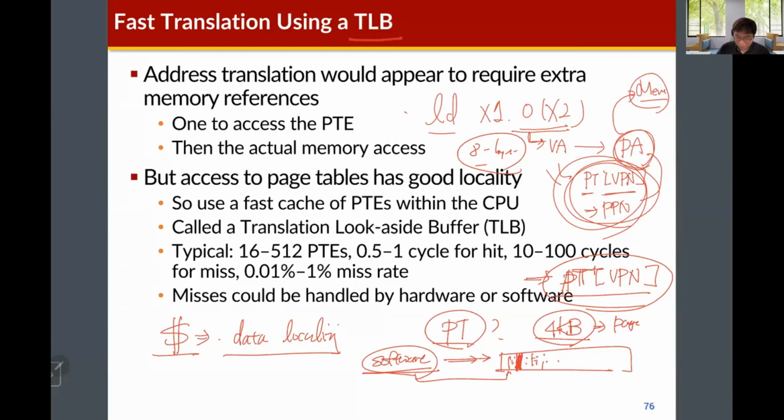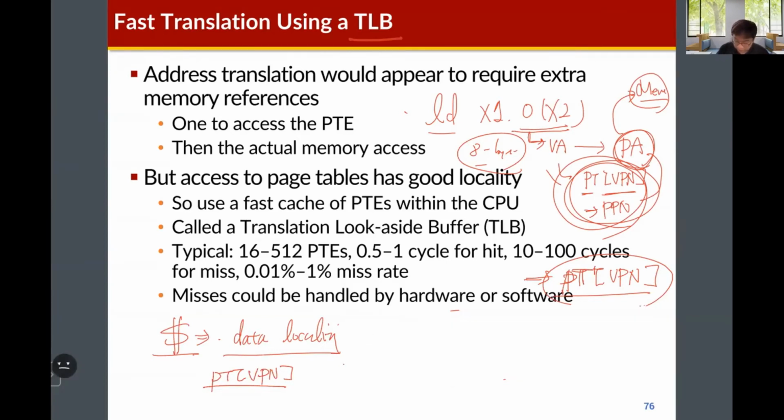So we can apply the concept of cache to the page table. What does that mean? When the PT VPN is first requested, we get the data. What is the data of this PT VPN? The data is the PPN and the other control bits, right?